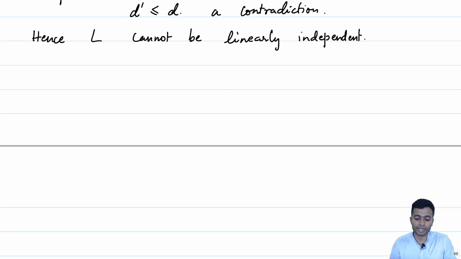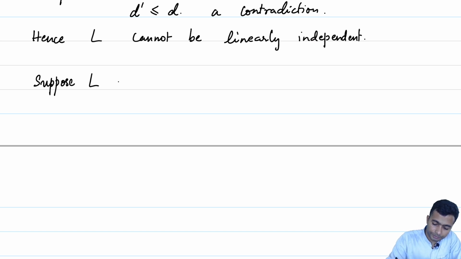But we have put in an assumption that L is finite here. What will happen if L is infinite? We could not have applied replacement theorem here, right? So this is the case. Suppose L is infinite.